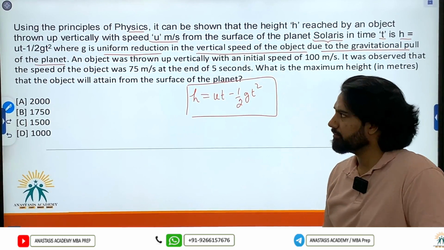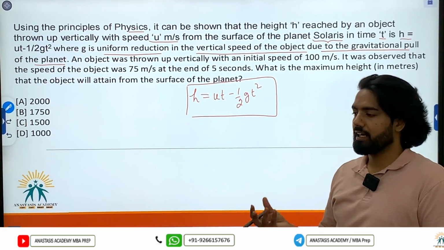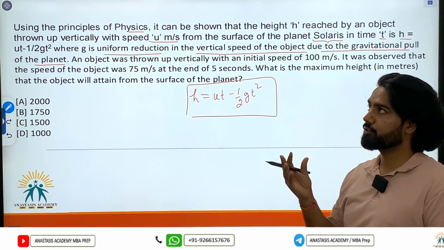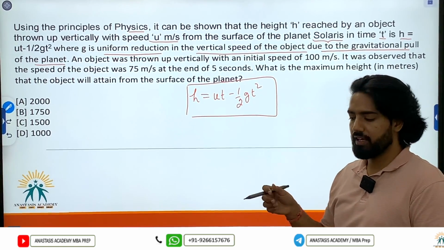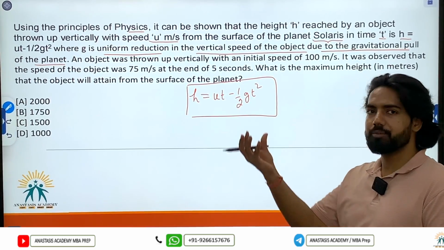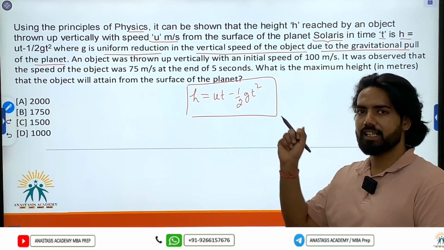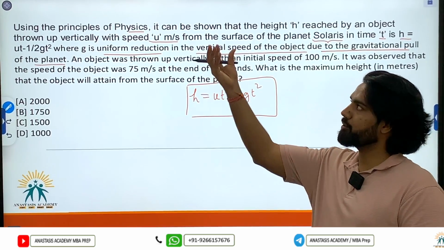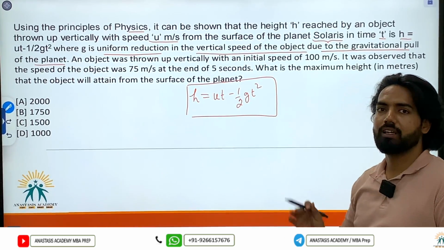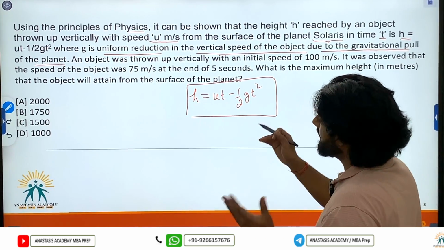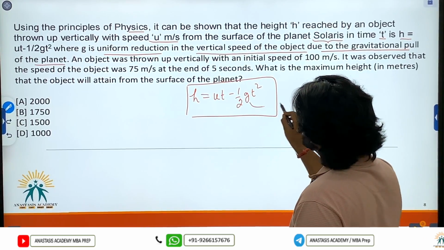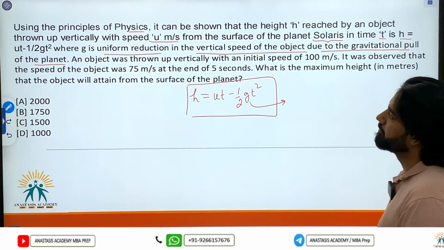For example, if we throw an object vertically upward, due to the gravitational pull of our planet Earth, the speed of this object slowly decreases. It would rise up to a maximum height and it will come down. So that height is given by this expression, and g is the uniform reduction in its vertical speed.